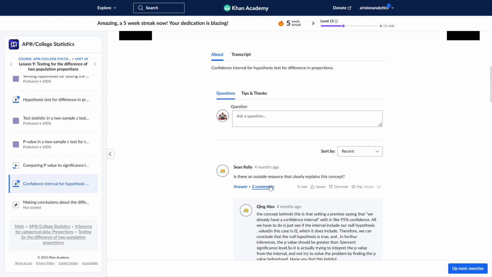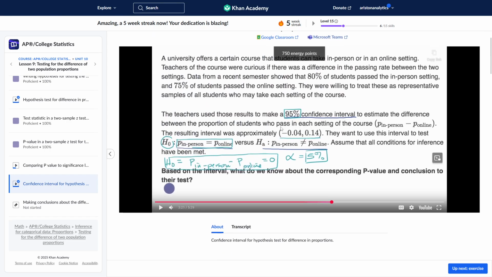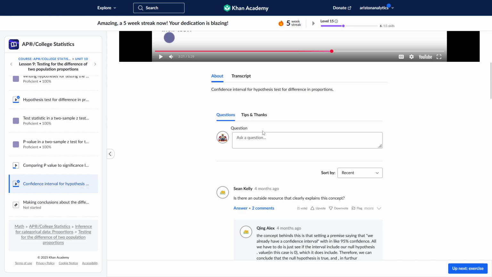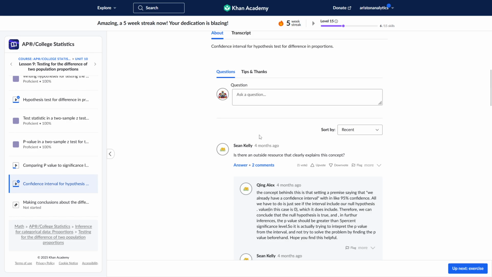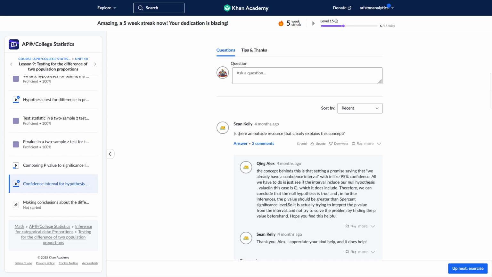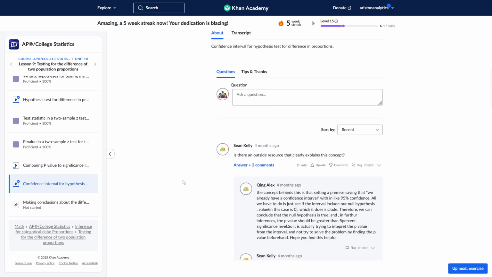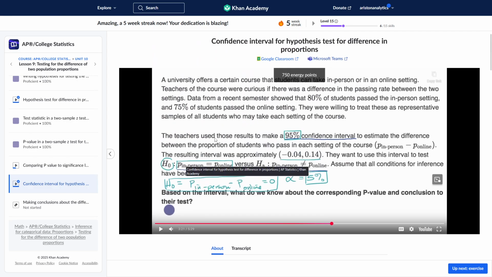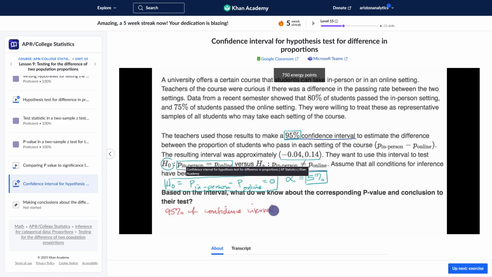Think about it this way. We are assuming our null hypothesis is true when we do this hypothesis test. And so when we construct a 95% confidence interval, we would expect that 95% of confidence intervals would overlap with 0.